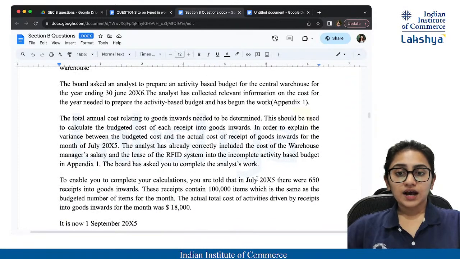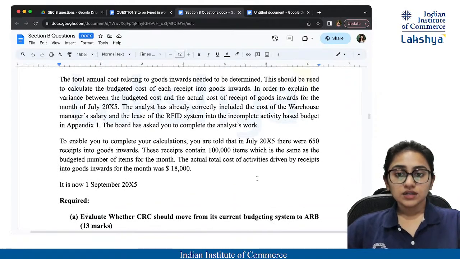The board asked an analyst to prepare an activity-based budget for the central warehouse for the year ending 30th June 2026. The analyst has collected relevant information on the cost for the year needed to prepare the activity-based budget and has begun the work in Appendix 1. The total annual cost relating to goods inward needed to be determined.